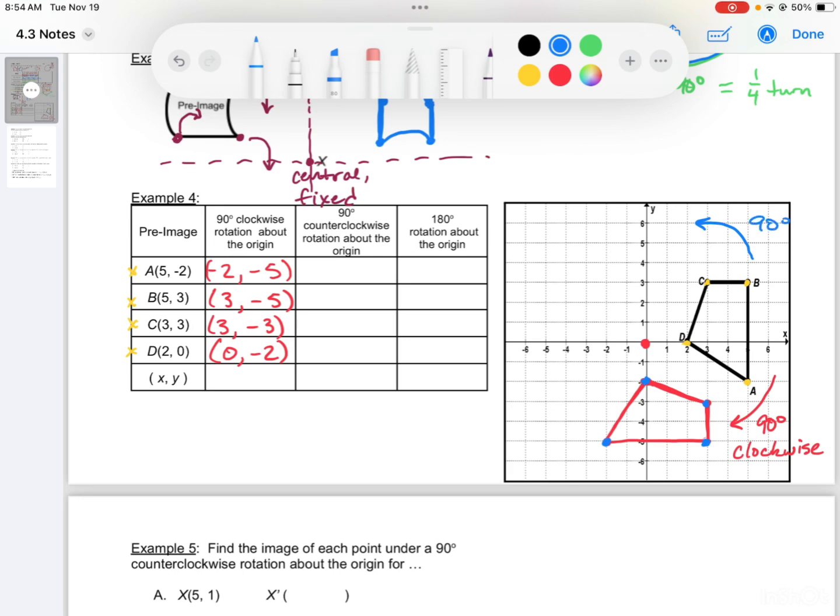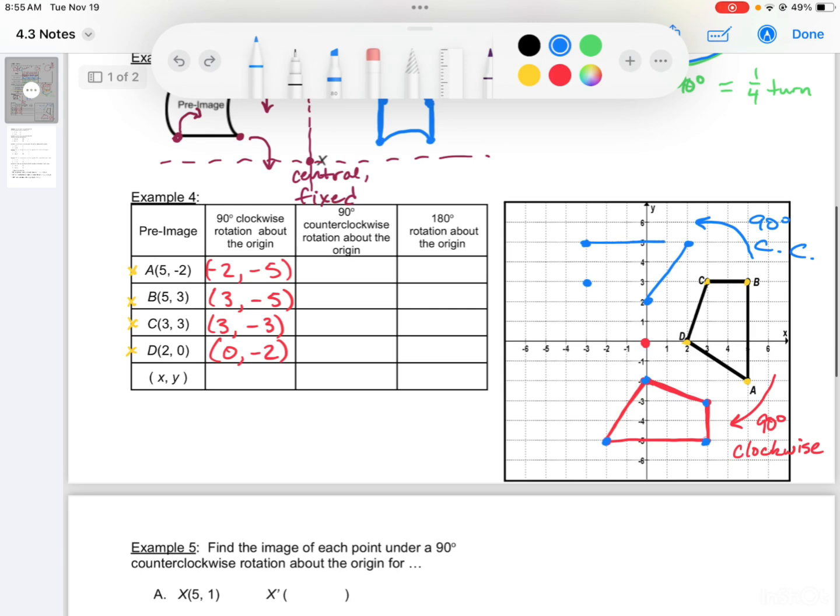In our next column, we want to rotate 90 degrees counterclockwise. So we want to take this image and go a quarter turn counterclockwise. I'm going to go quickly through this, but once I move all my points over, they end up at C, B, A, and D. When I trace those out and connect them all, you can see my image.